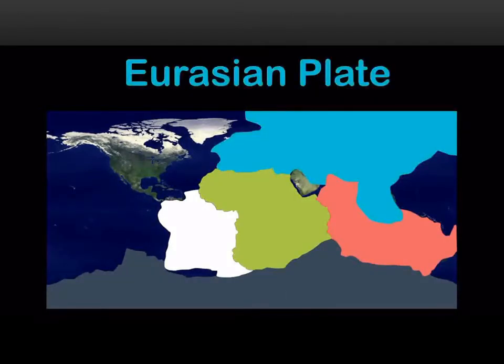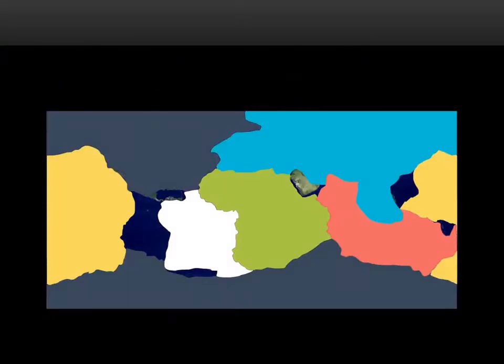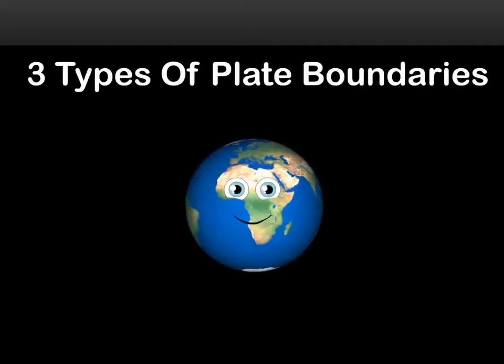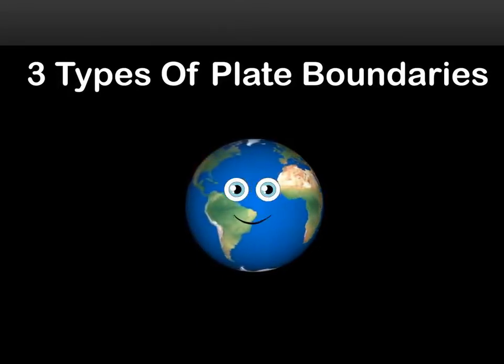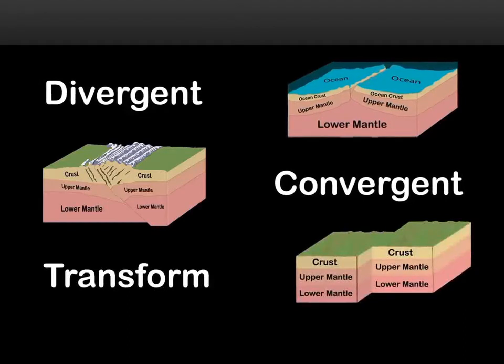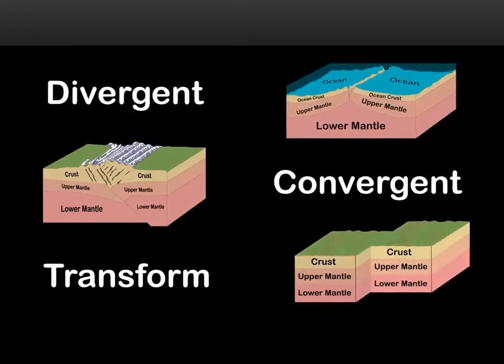The Eurasian, Pacific plate, and North American. We'll talk about minor plates in another lesson plan. There are 3 types of plate boundaries running between these tectonic plates. You will see divergent, convergent, and transform. They all cause earthquakes. Let's see how they perform.